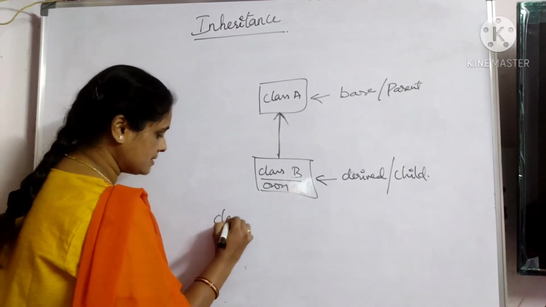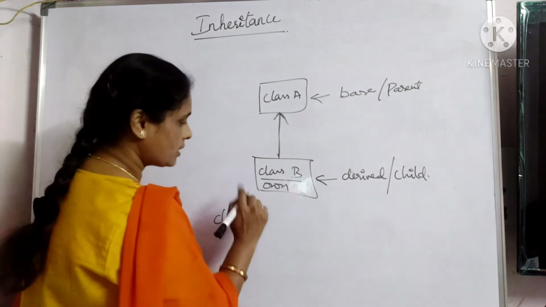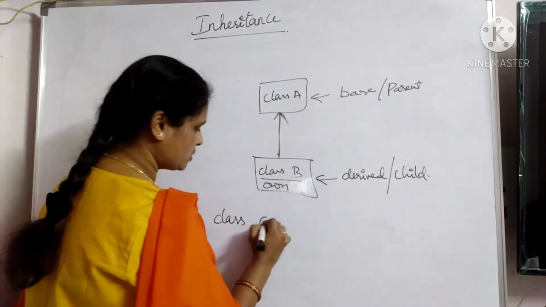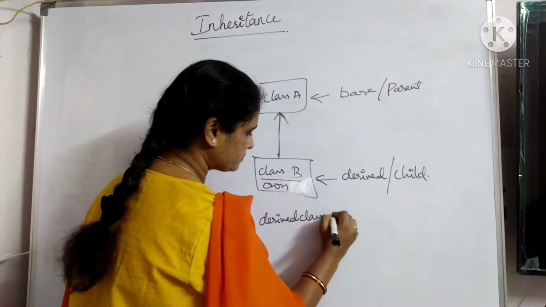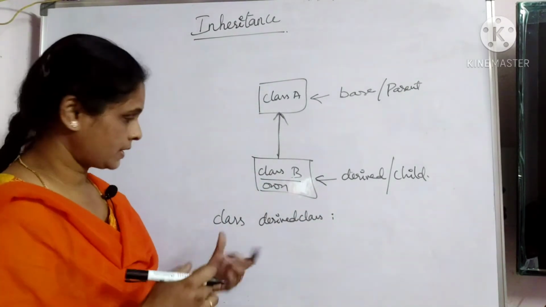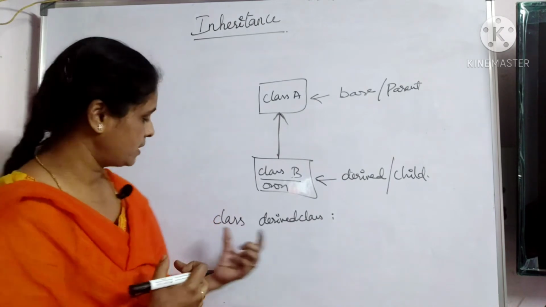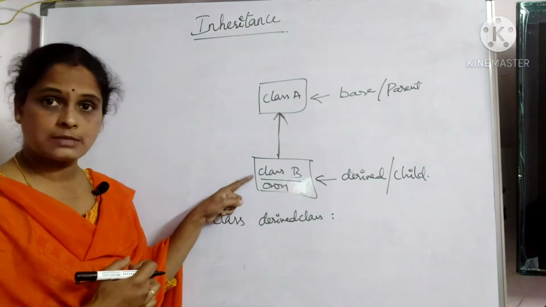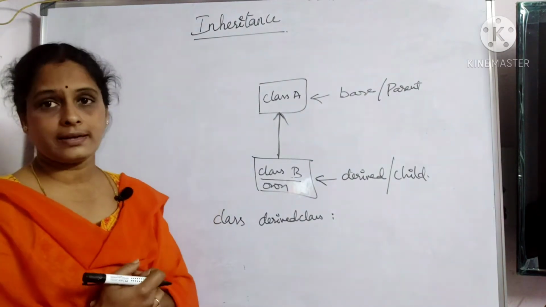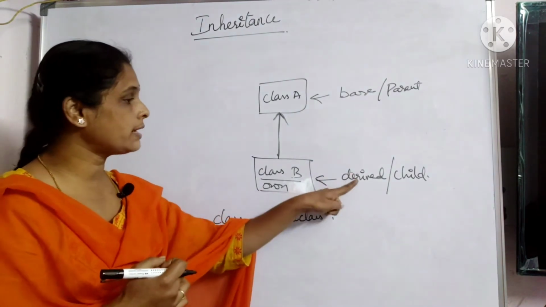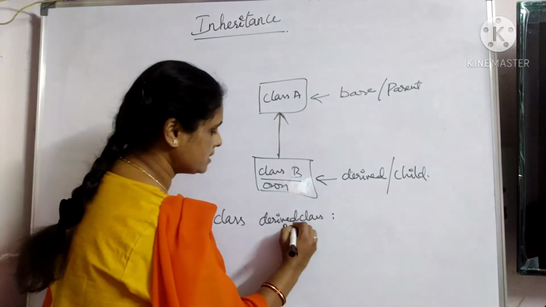Class B, so the derived class: class, derived class name, colon. This is how we use the inheritance concept. Because I want this class to be inherited from the parent class, the derived class name has to be written here.